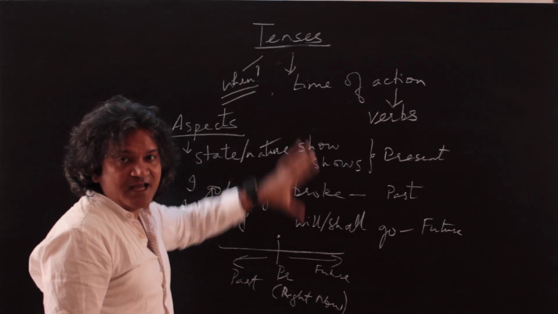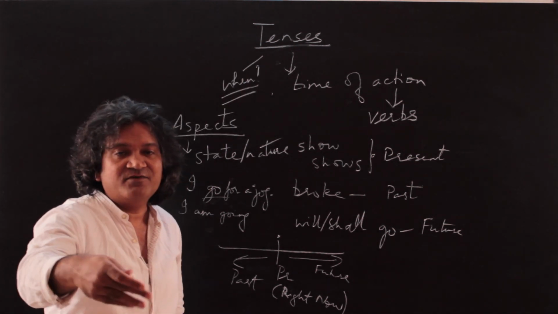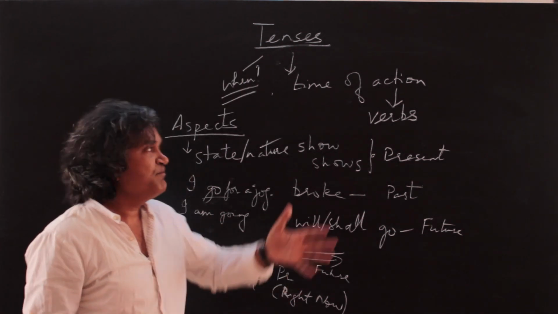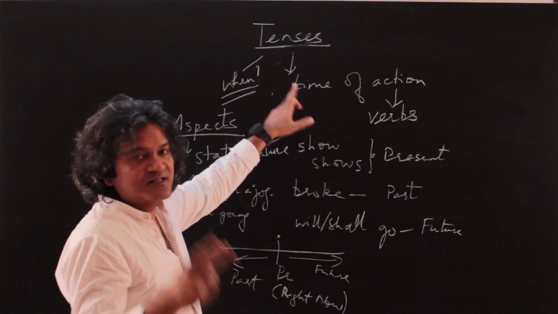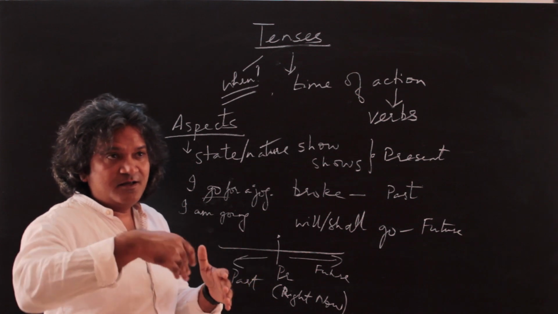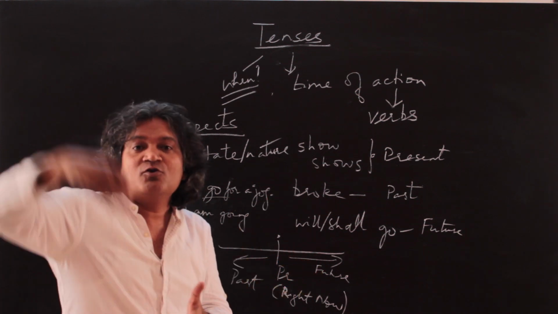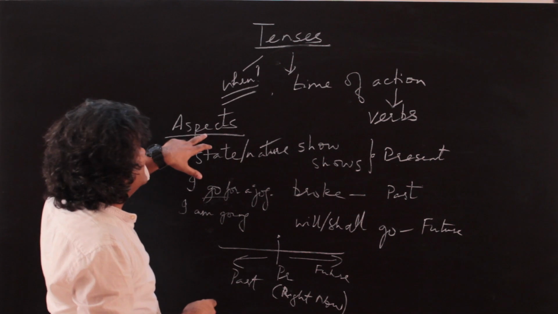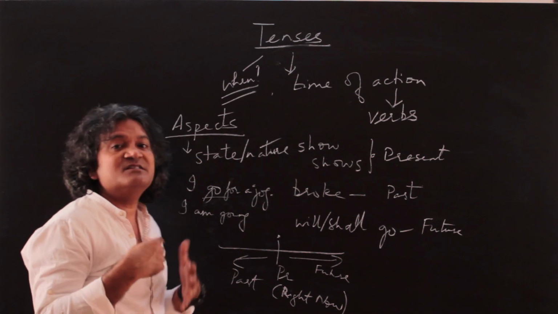So every event that we have, which means every sentence technically, has two things. It has a tense, which tells me when the action took place or is going on or will happen, and it has an aspect which tells me the state of the action.